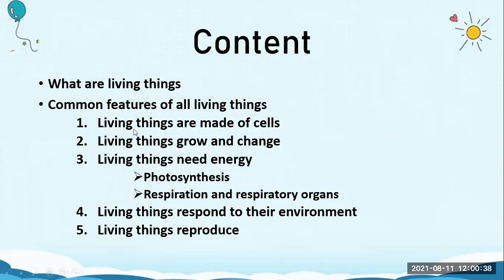So here are 5 main things which are present in all living things. Common feature is a word indicating that these properties should be there in all living things, even plants, even animals, even bacteria, even germs, whatever we think is living must have all these 5 common features.